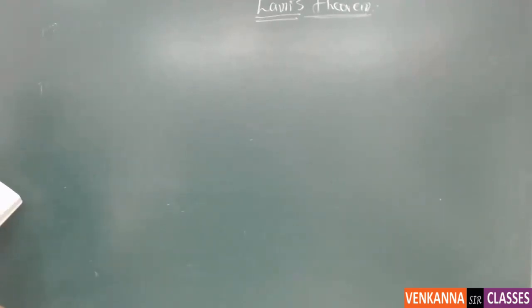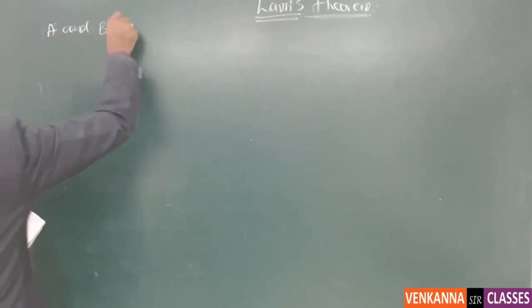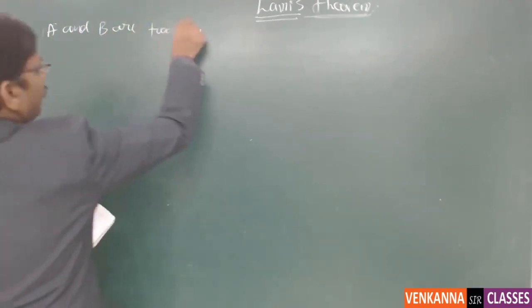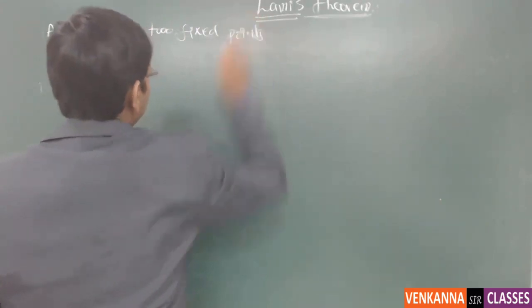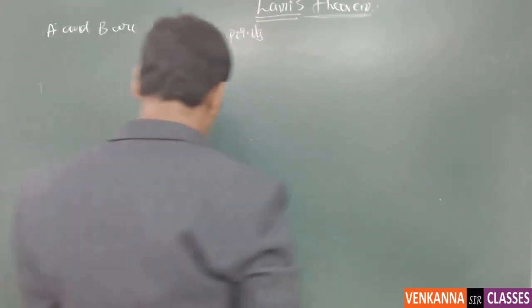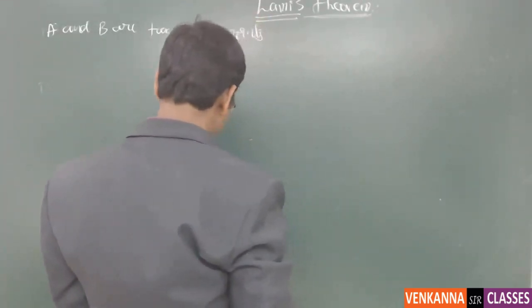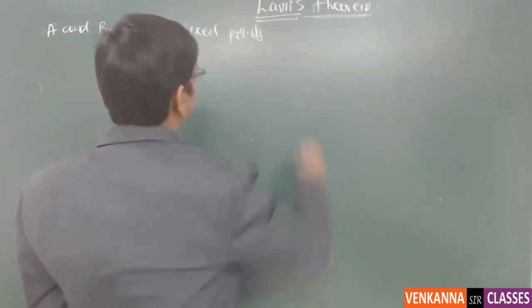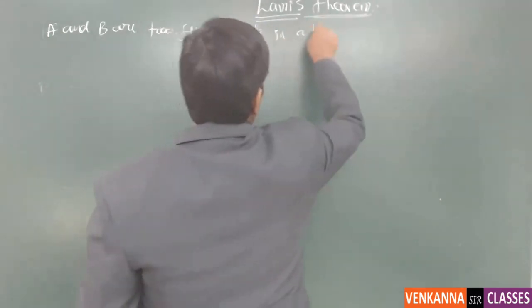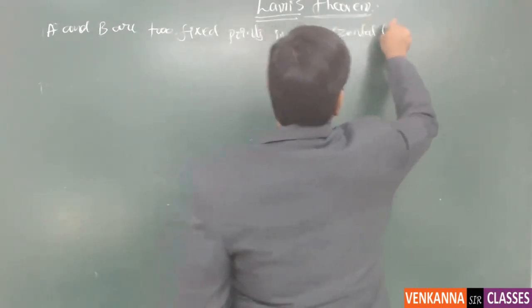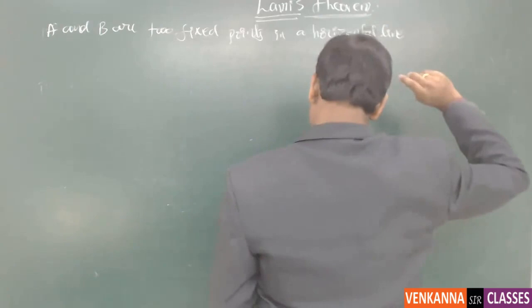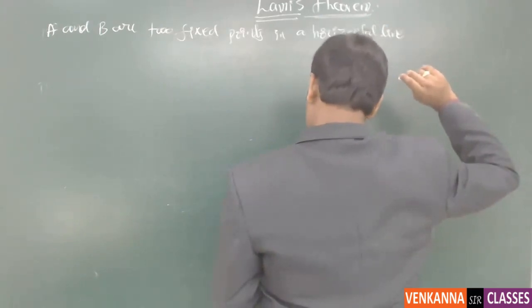A and B are two fixed points in a horizontal line at a distance c apart.